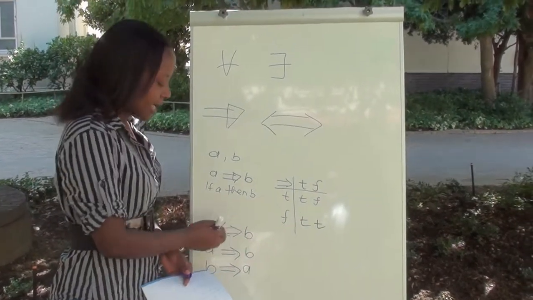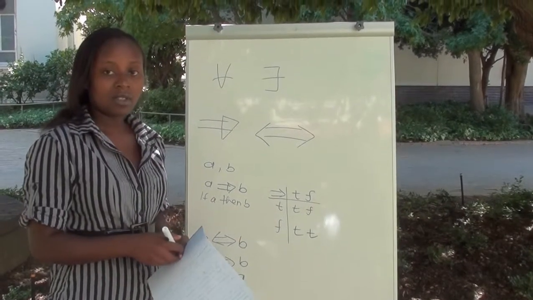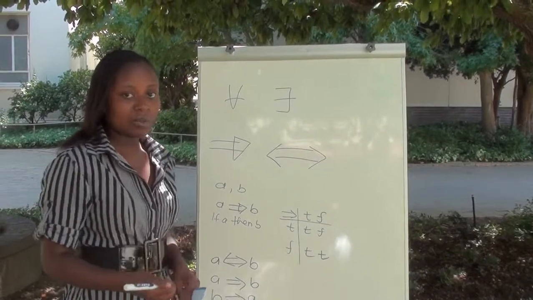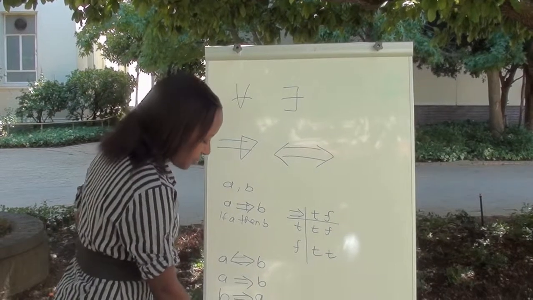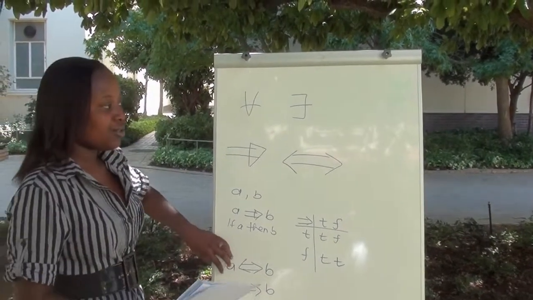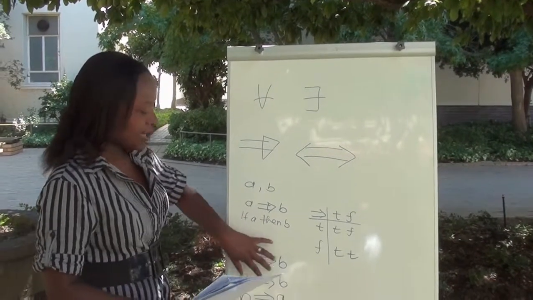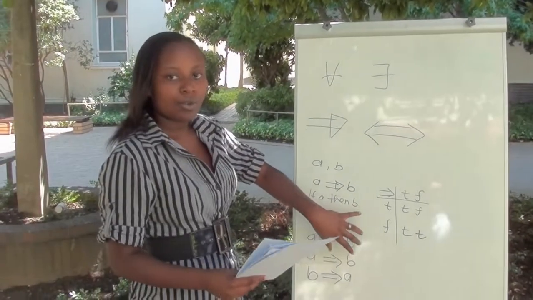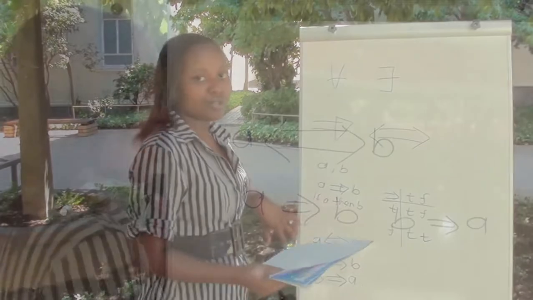This also means that A and B are equivalent statements, which is why we call it the equivalent symbol. What does that mean? We're saying that if A is true, it implies that B is true. But also, whenever B is true, A is true.